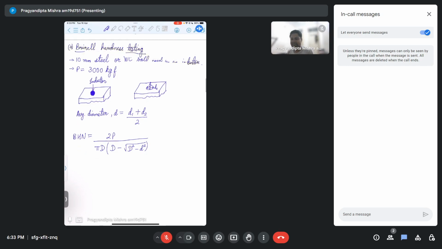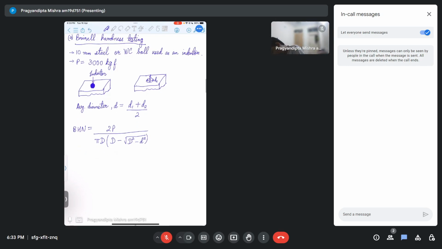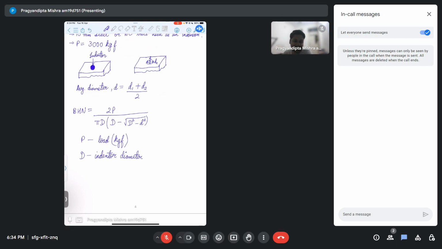Here P is the load, right? We have defined it already as 3000 kgf, but just in case you have to apply more or less, you can do that as well. Load in kgf. Capital D is the indenter diameter, and small d is the diameter of the indented impression.